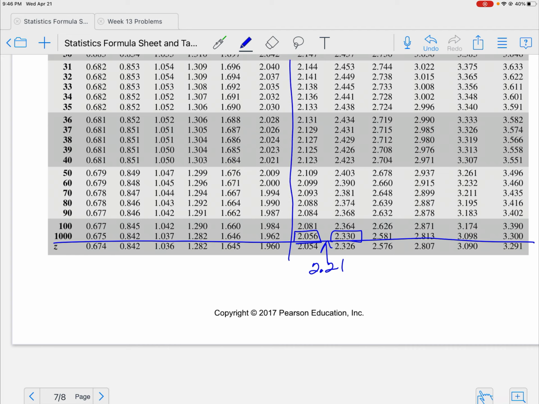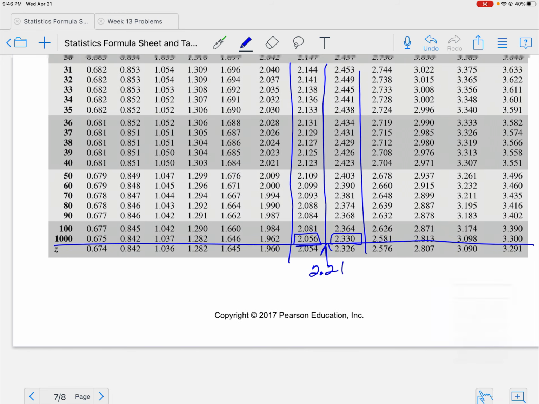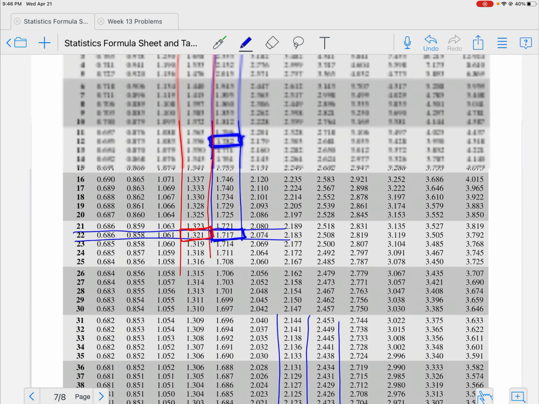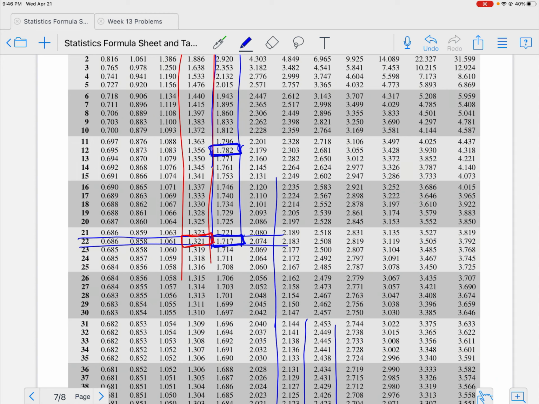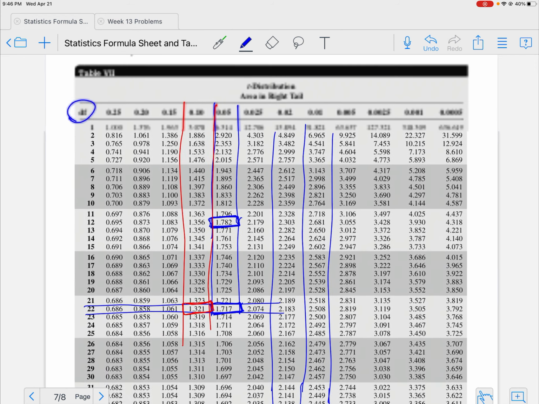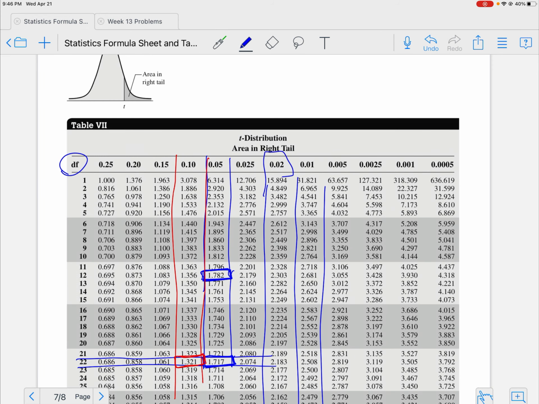So let's see where we are here. What columns am I looking at? If I take it all the way up here, I'm looking at 0.02 and 0.01. All right?